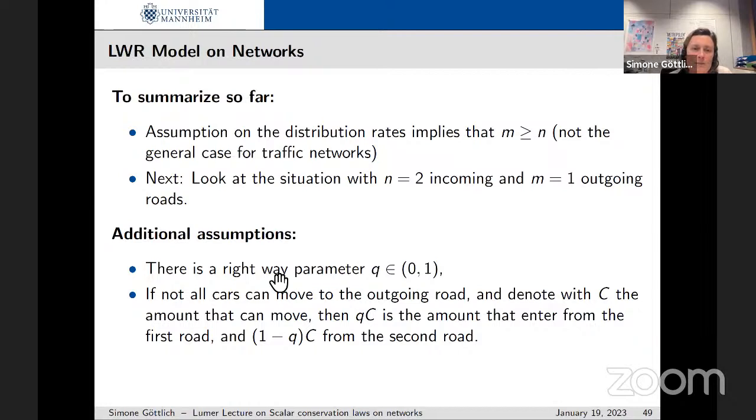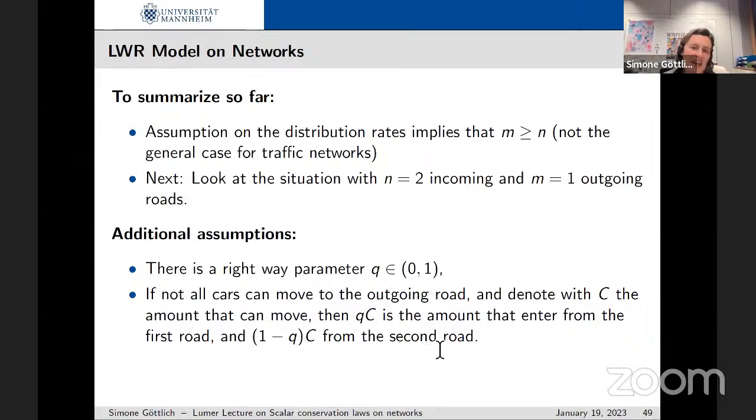The meaning of this right of way parameter Q is that if not all cars can move to the outgoing road, and we denote with C the amount that can move, then the factor Q times C is the amount that can enter from the first road. And the rest of the proportion, namely 1 minus Q times C, comes from the second road.